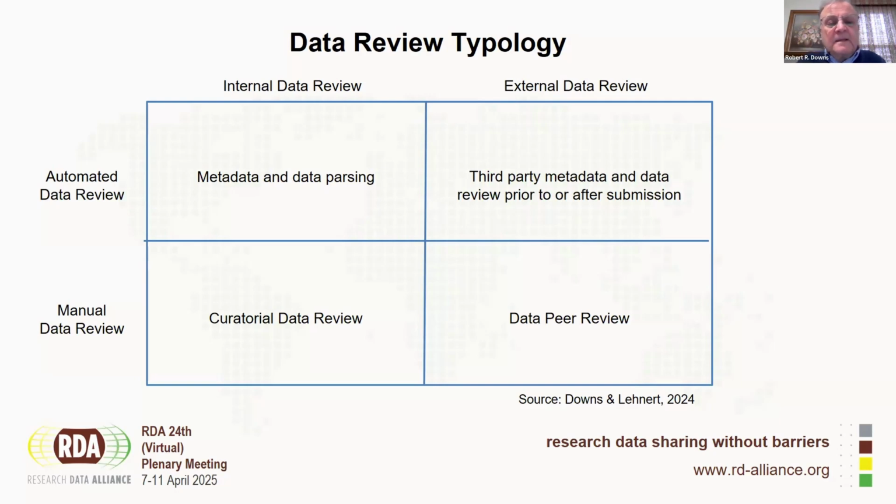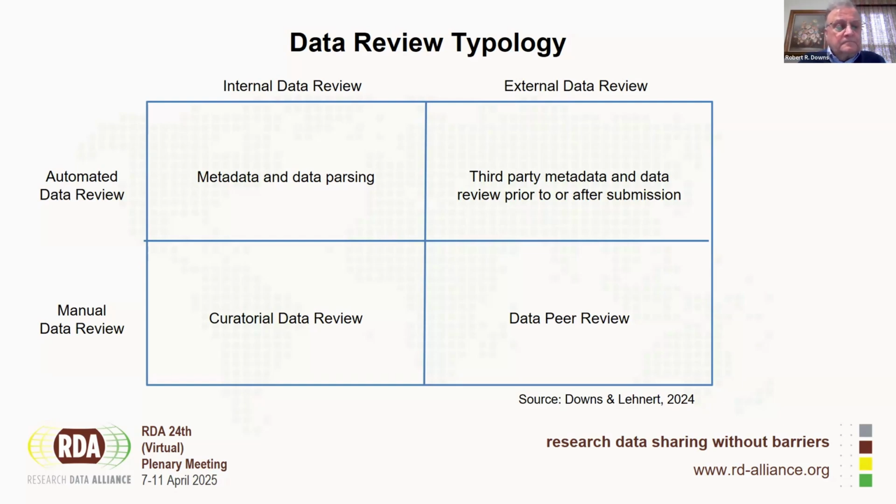By dividing this into four quadrants, we can show where a repository fits. Ideally, a repository's practices will evolve as they improve their capabilities and ways of providing their services.